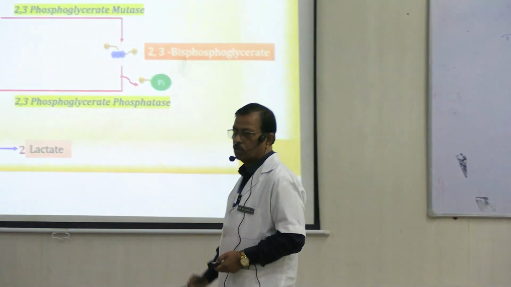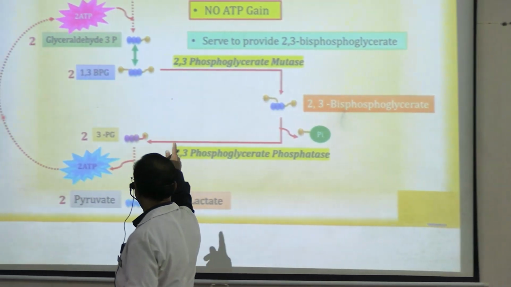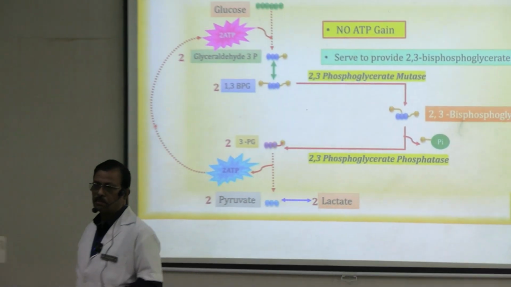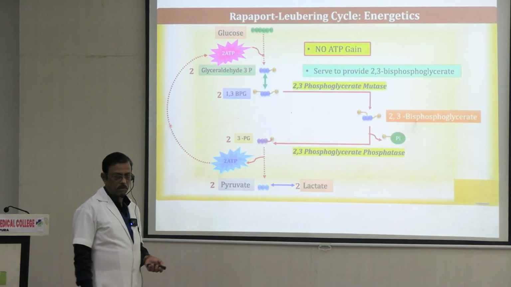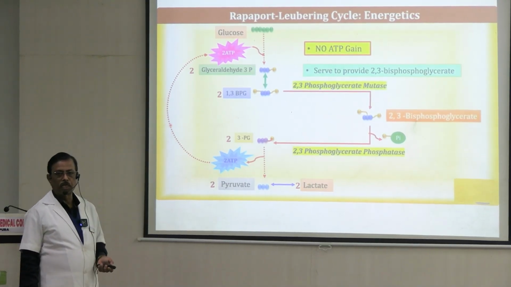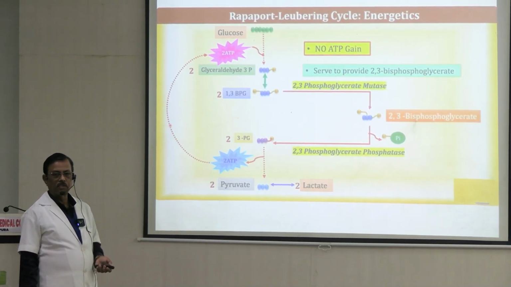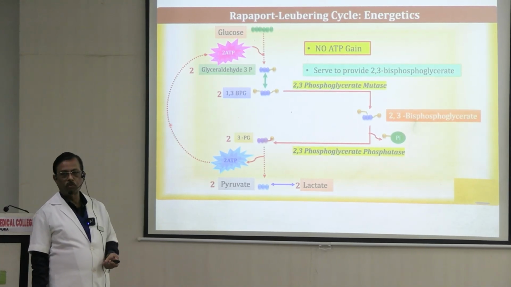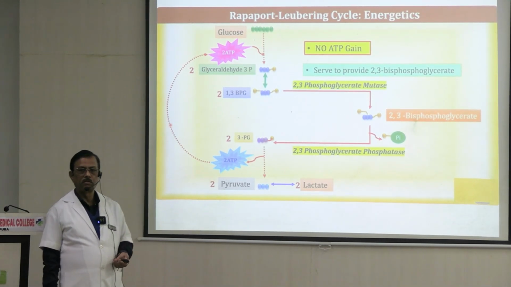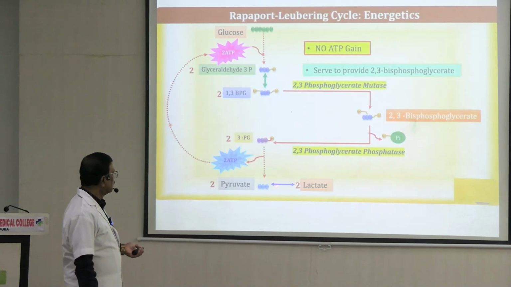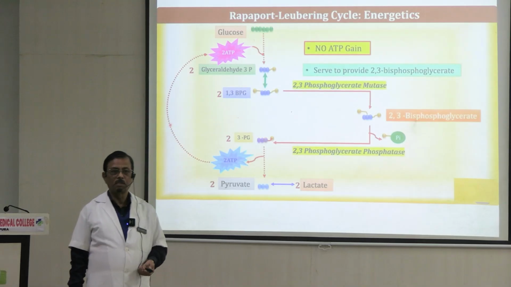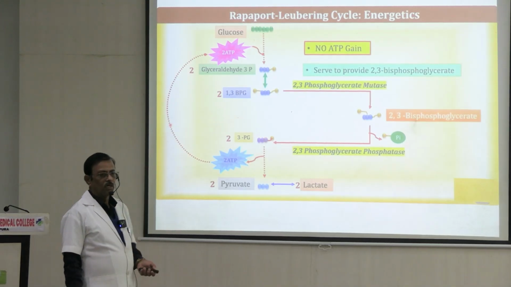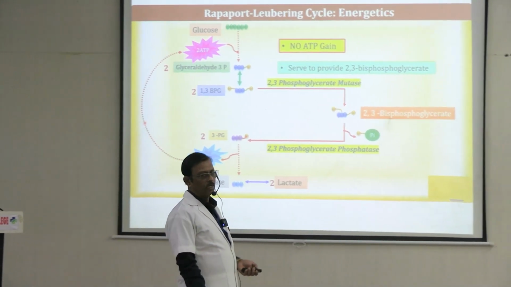So in this case, why is energy generation zero? This NADH can be oxidized in the electron transport chain. We can get ATP there. Why is it not taking place? Can you assume why? It is because it is occurring in the RBC, there is no mitochondria. So in RBC, the glycolysis is only anaerobic in nature.